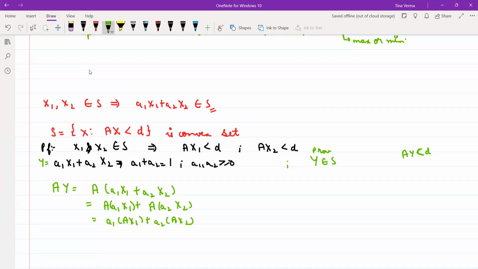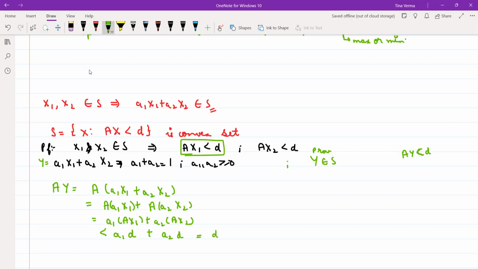Now Ax1 is less than d, meaning this point is less than d, and Ax2 is also less than d.